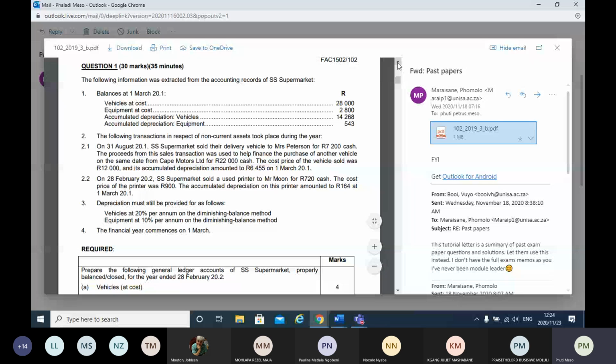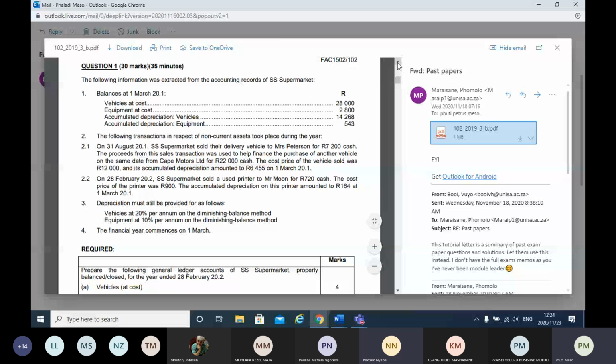Let me tell you why the PPE features there. You remember when I said that you need to determine the carrying amount at the end of the period? That carrying amount is what you're going to move to your property, plant, and equipment when you do the statement of financial position. Can you see how it features under the A?